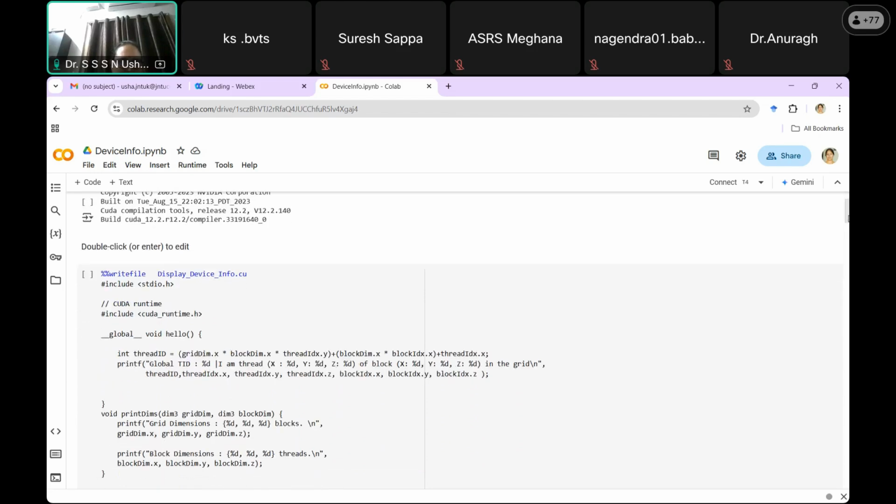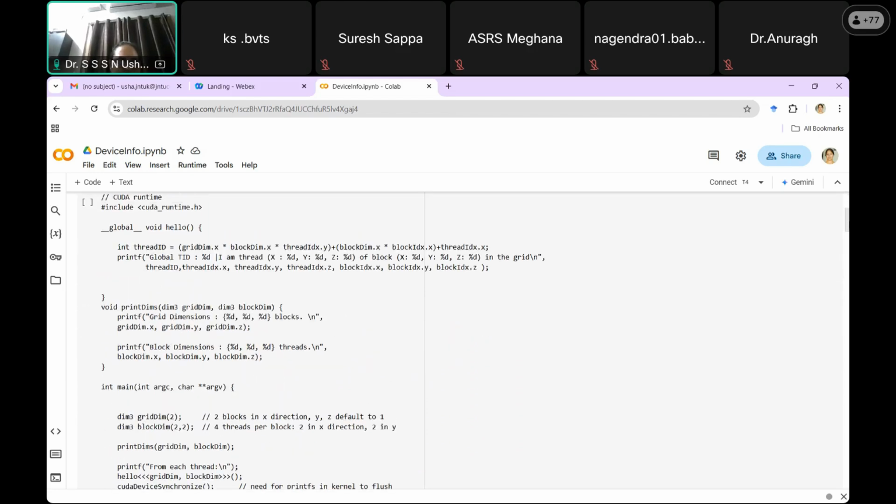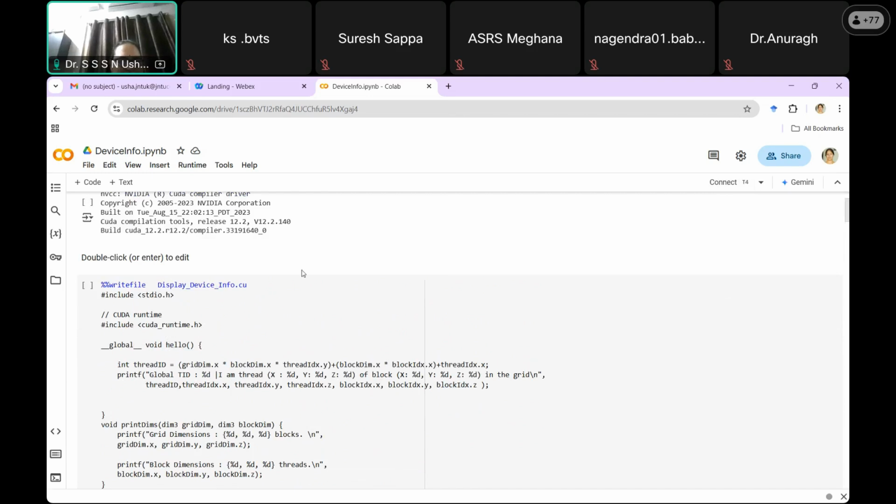Now let us come to the program I have told you about. Simply write the program in the cell. While writing the program, you need to add this one, the modulus operator, like percentage writefile. Then it is going to write the file from the cell.